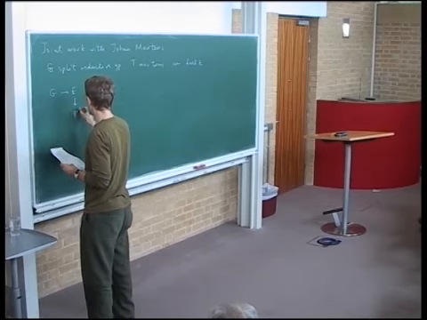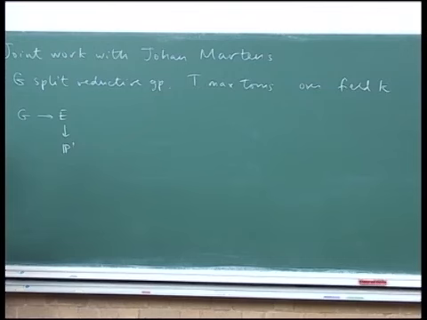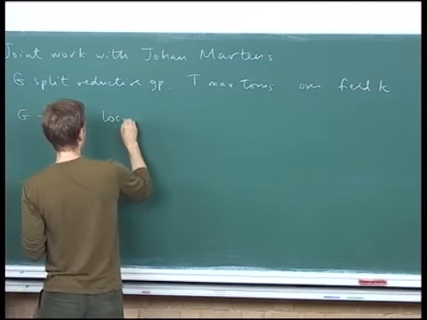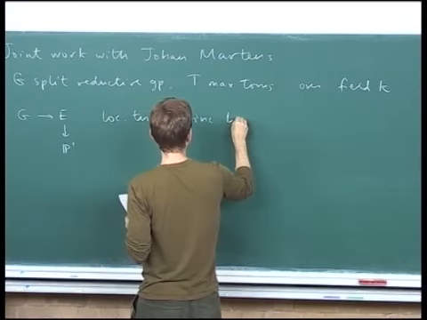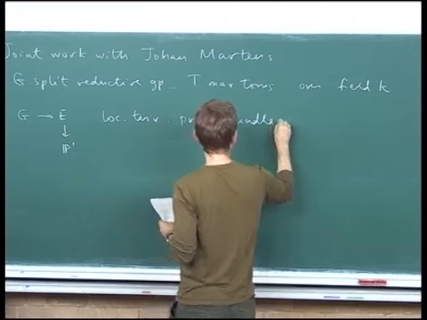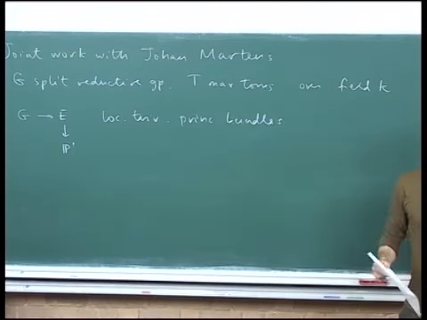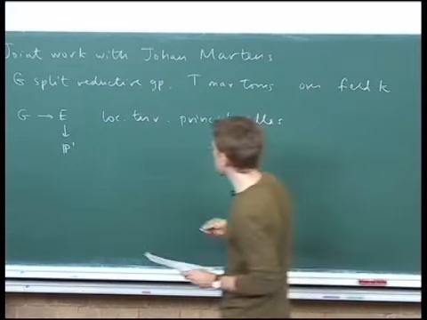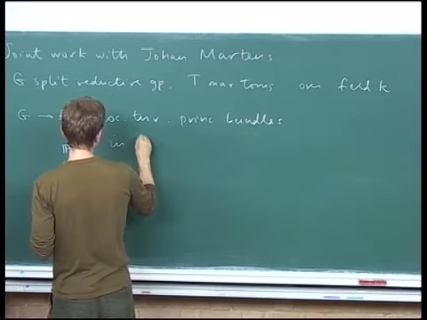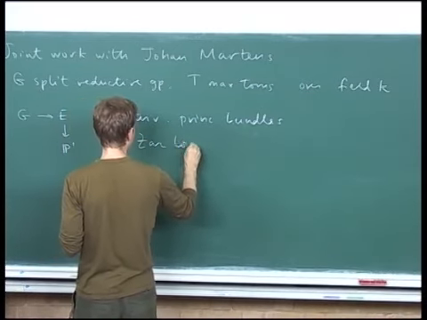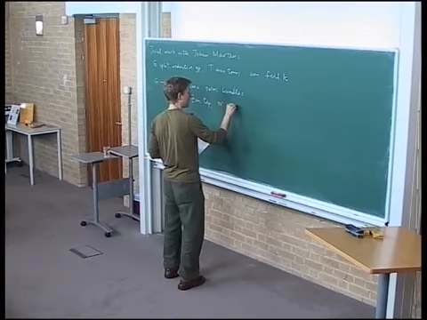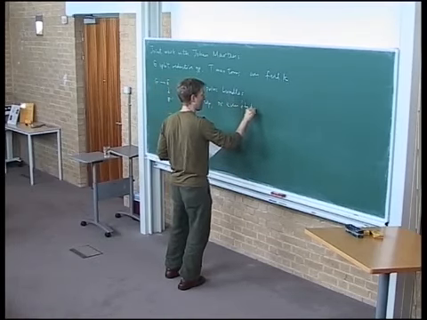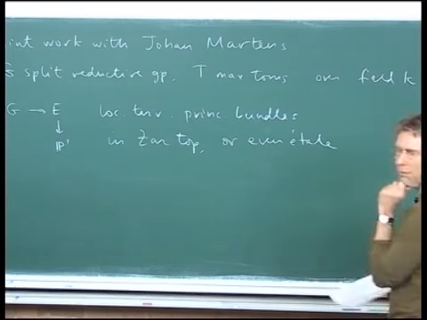And the objects that we're going to study are principal G bundles over, first, P1, so locally trivial principal bundles. You could assume that they're locally trivial in the Zariski topology, or, with some mild assumptions on the field, you could even study bundles that are locally trivial in the étale topology.